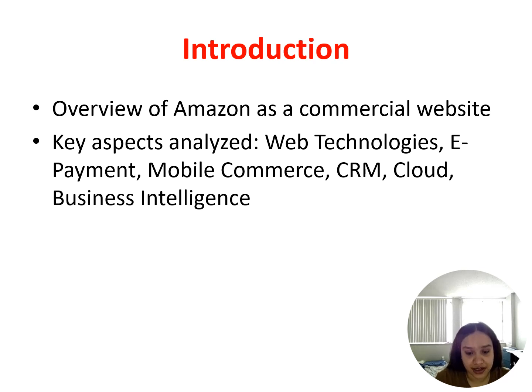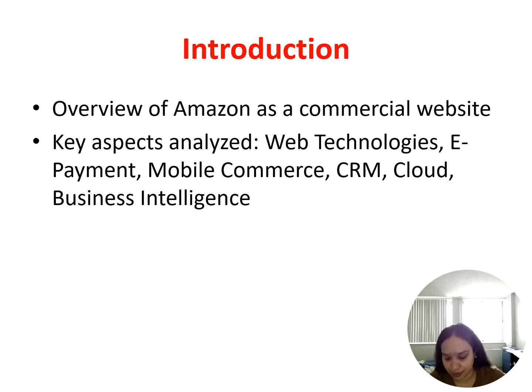I'm not going to consider all of them, but a few: web technology, e-payment, mobile commerce, CRM, which stands for customer relationship management, then cloud usage, and at the end, business intelligence. We're going to discuss each of these aspects in more depth, so that we get to know why we call Amazon a commercial website and why it is known worldwide.